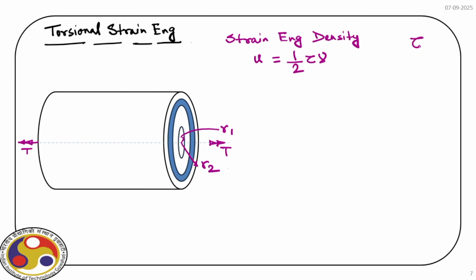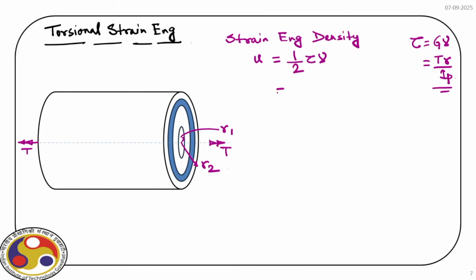We know tau is equal to G times gamma, and this is equal to torque T times R divided by Ip. If you recall, we derived this expression in the previous weeks, right?